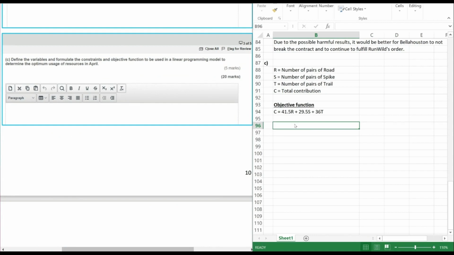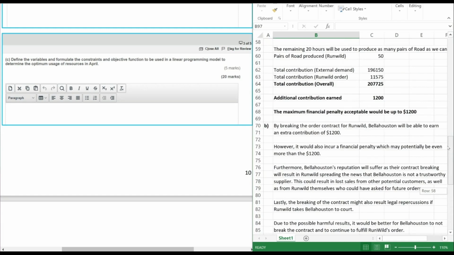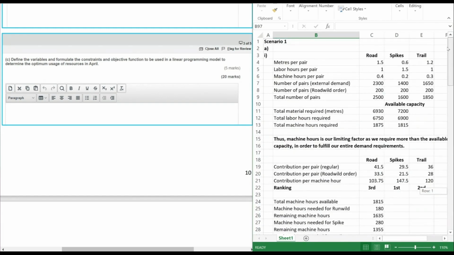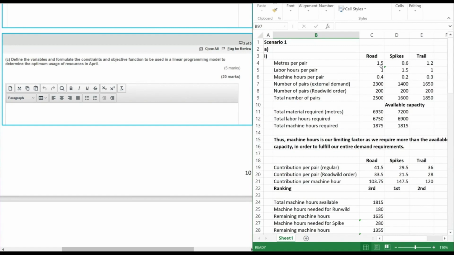So we'll say constraint functions. So for materials, it's going to be 1.5 meters per pair for R, so 1.5 R plus 0.6 S plus 1.2 T.